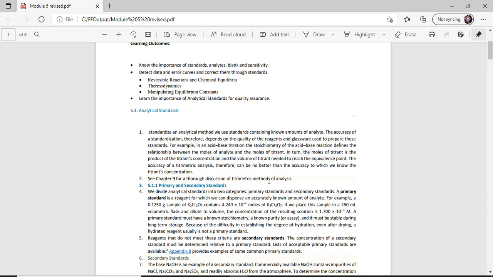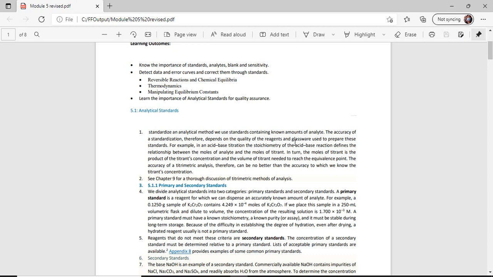Okay, the titrant is the one you have as your known reagent. Then your analyte is the one you are performing the test on to know how much titrant you need for a reaction to occur.